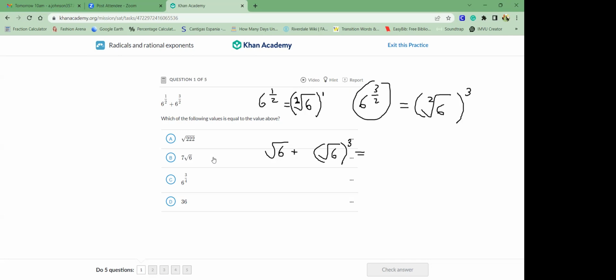Can we simplify it like that? All right, let's try a different way. Let's try it a different way.